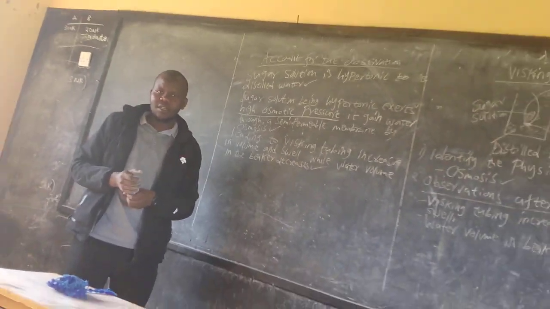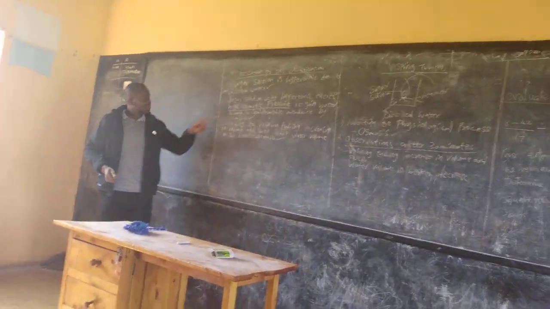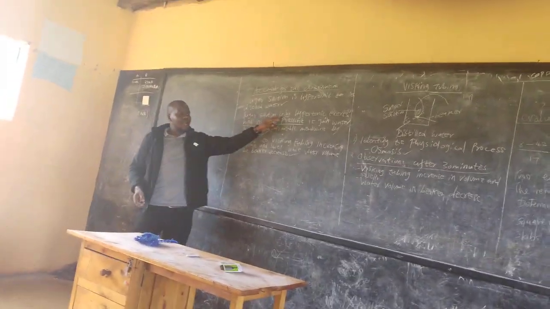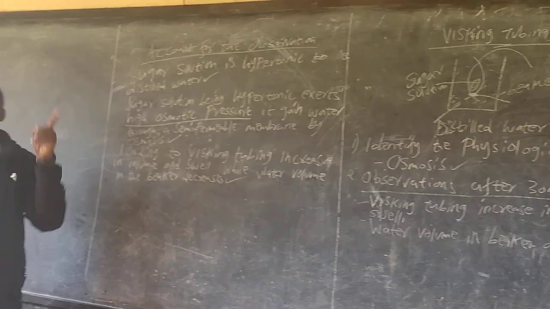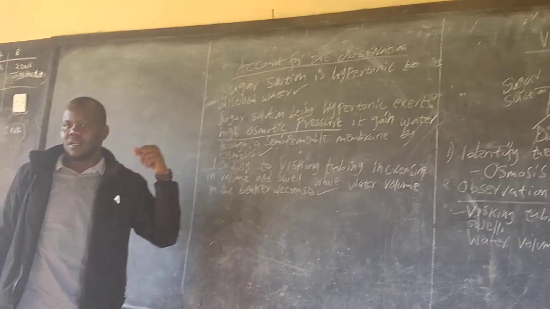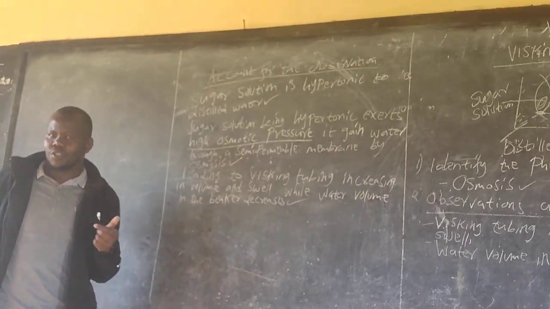Start with hypertonic, not hypotonic, so that you speak about that hypertonic solution exerts high osmotic pressure, drawing water through an impermeable membrane by the process of osmosis, leading to your observation.